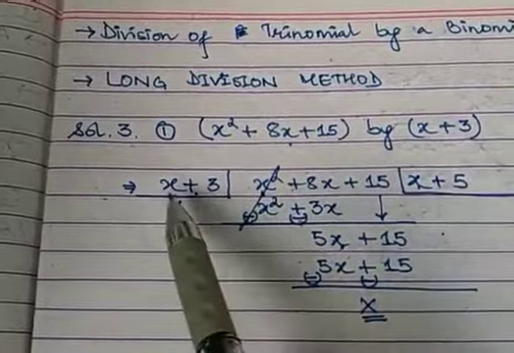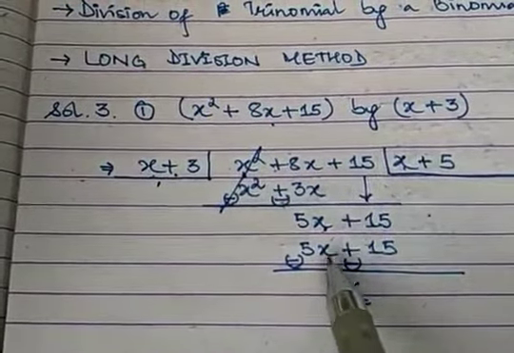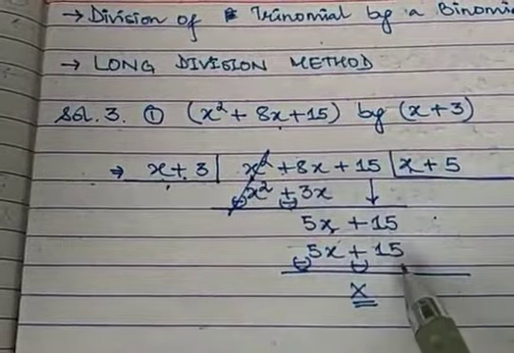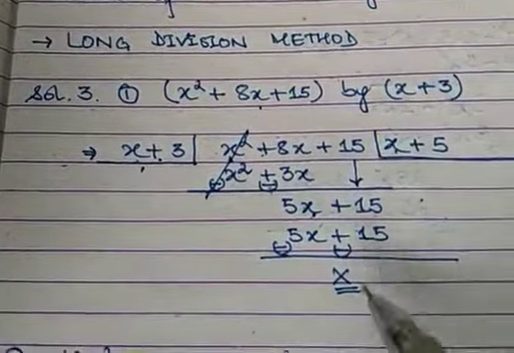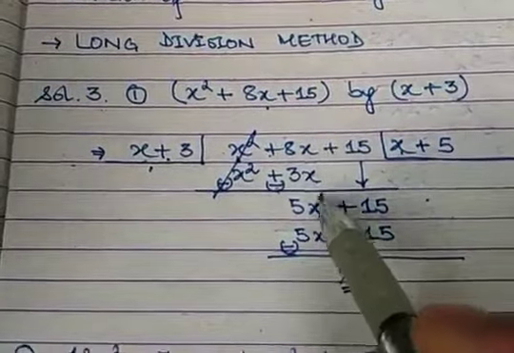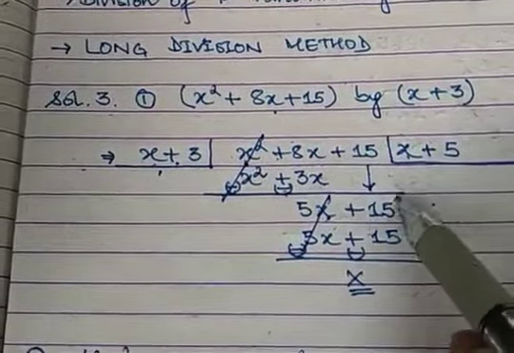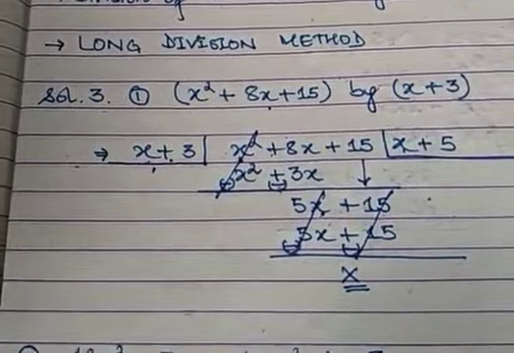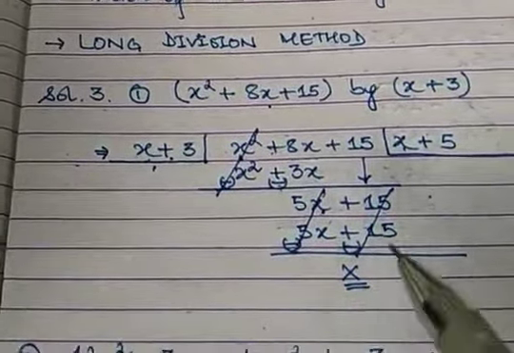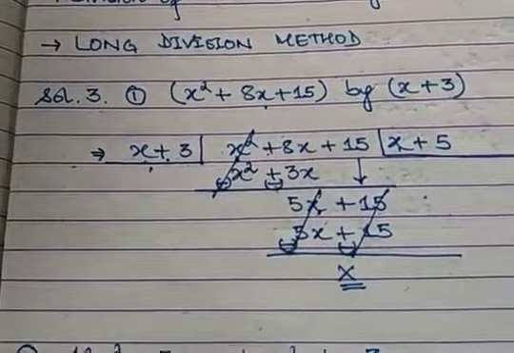So plus 5 times plus x is plus 5x. Plus 5 times 3 is 15. Now again the column subtraction, both the signs change, plus 5x minus 5x cancelled, plus 15 minus 15 got cancelled. As you know, the sign of the greater will be the new sign, isn't it? So this is our answer.